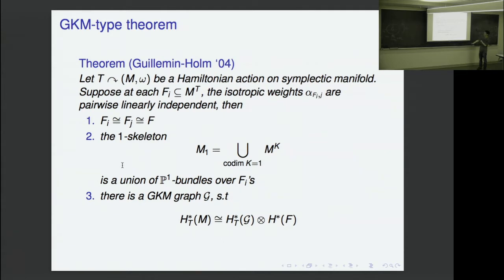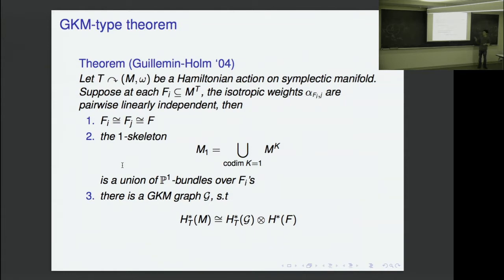In this generalized definition, it's not necessary for the fixed point sets to be isolated. They can be non-isolated, and GKM means that if we look at the isotropy weights, then these weights are not only distinct, they are actually pairwise linearly independent.